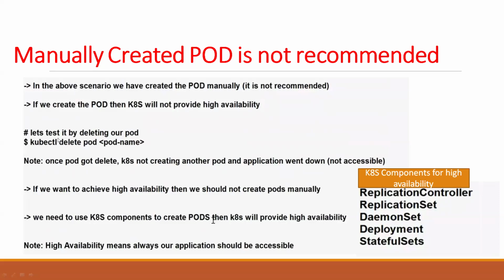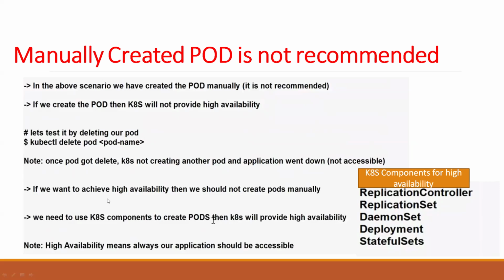So let's test it by deleting our pods. kubectl delete pod name. Note that once the pod got deleted, Kubernetes did not create another pod, and the application went down, not accessible. If we want to achieve high availability, then we should not create the pods manually.